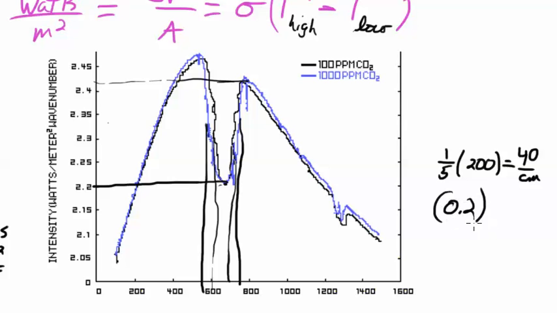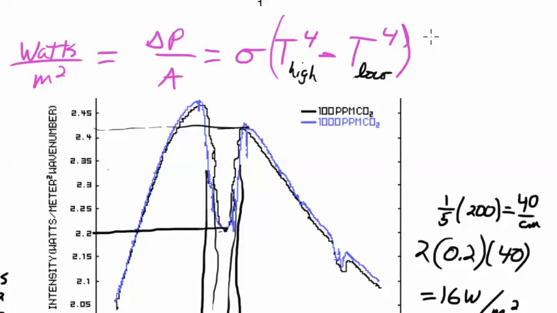So 0.2 times 40, and there's two regions, so I'll multiply that by 2, is about 16 watts per meter squared. So I'm going to plug that in right here, equals 16 watts per meter squared.